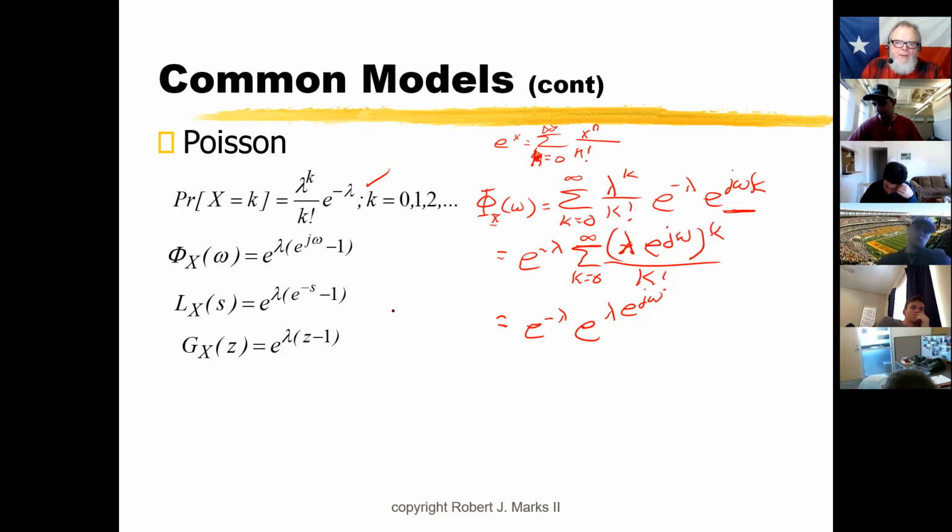By the way, anytime you derive a characteristic function, you can do a sanity check. What is the characteristic function evaluated at 0? It's always equal to 1. We've shown that that's always true. If we take this expression and set omega equal to 0, what do we get?